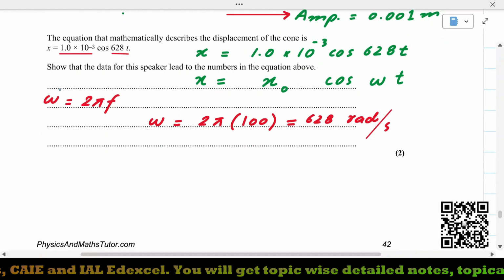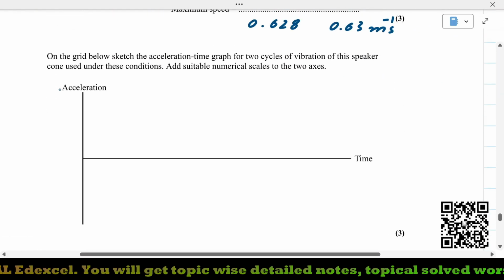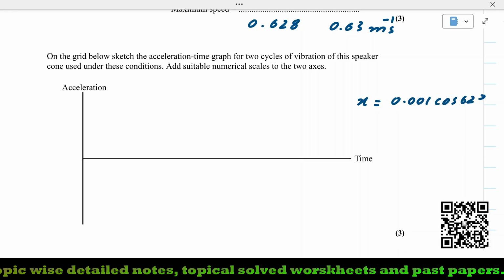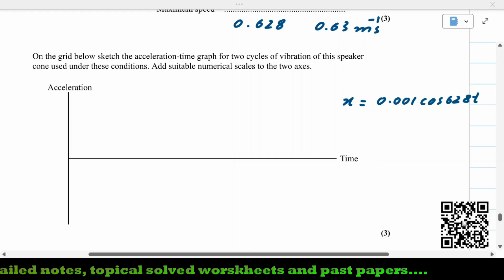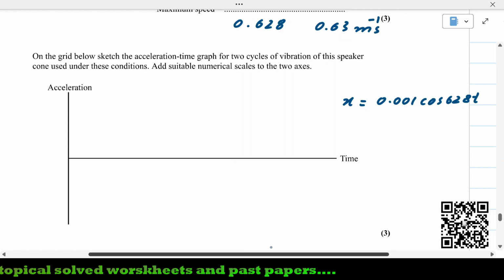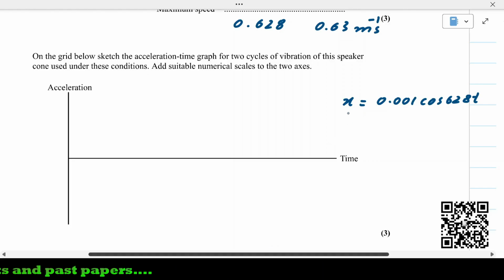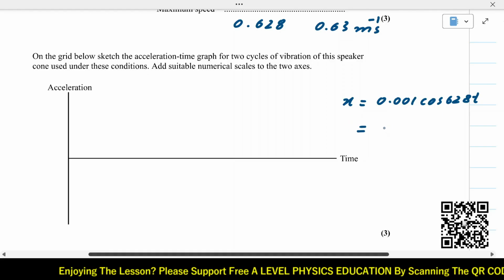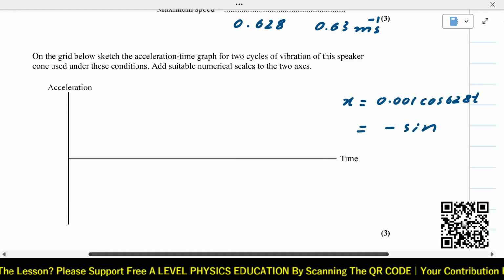x equals 0.001 cos 628t. First of all, what we know is that acceleration against time is sinusoidal. If I take the derivative of this, we get velocity against time, and the derivative of cos would be with the minus sign.